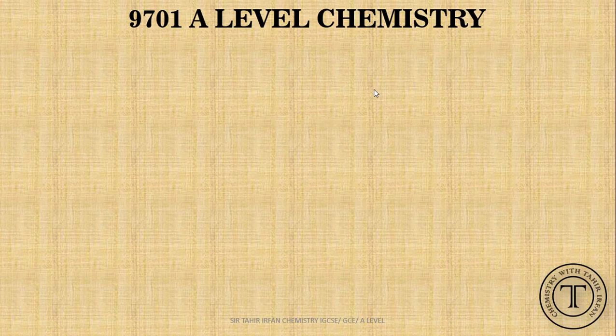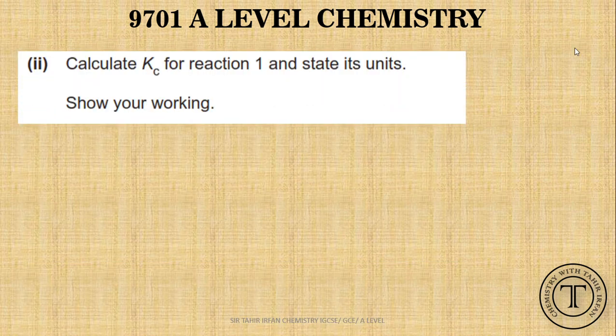Okay, coming to the next part, that is calculate Kc, the equilibrium constant in terms of concentration for reaction 1, and state its unit. Show your working. So we must show our working as well, because if we don't show our working, we may lose some marks.